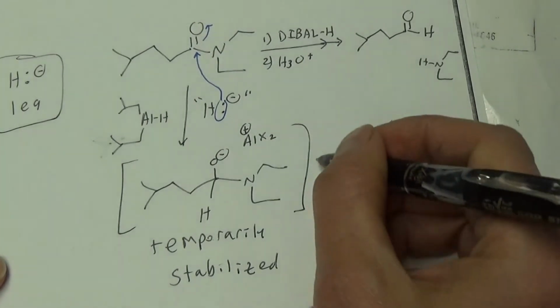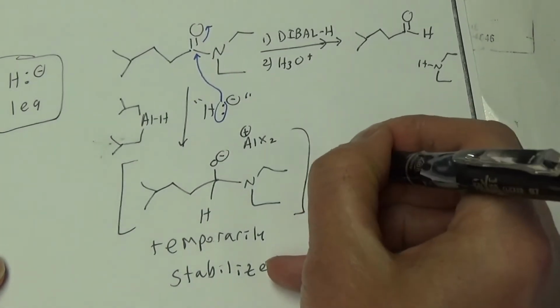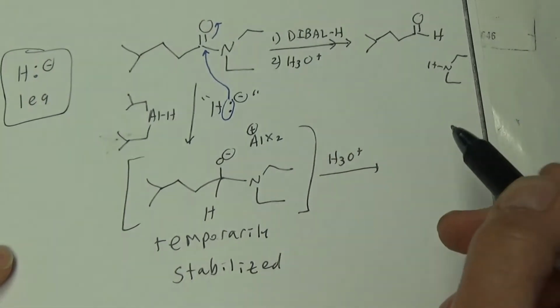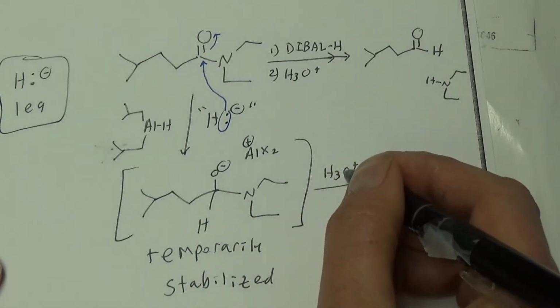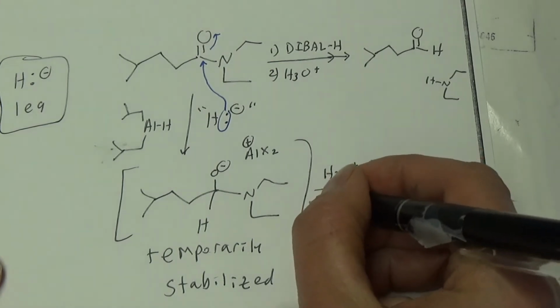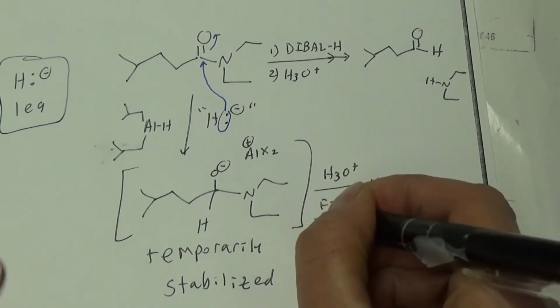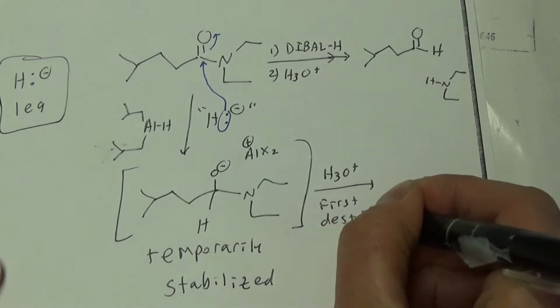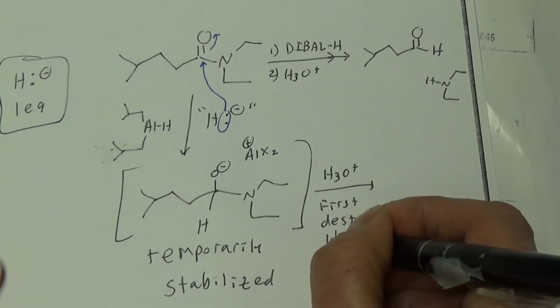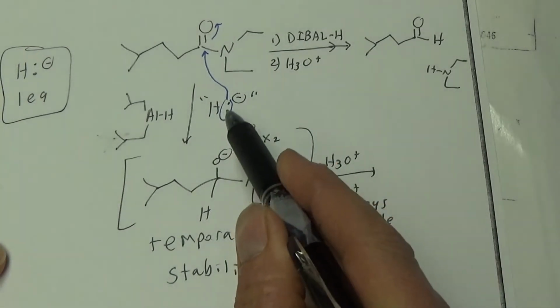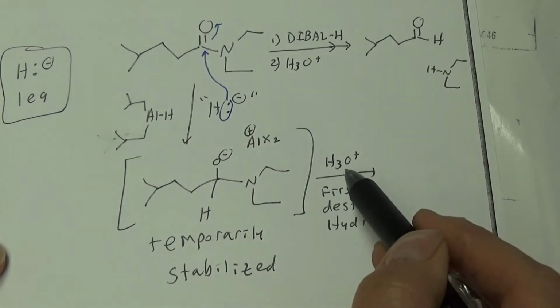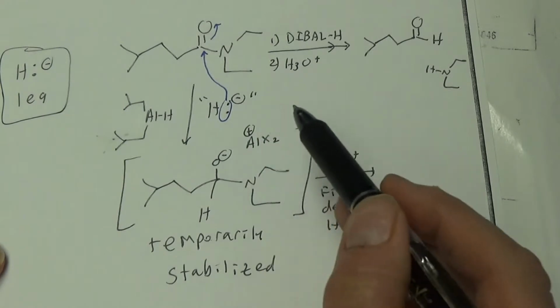This is where it stops, until you treat this with acid, which is the second step of the reaction. H3O+ first destroys any remaining hydride. Any H- you have left over reacts with H+. What do you get if H- reacts with H+?